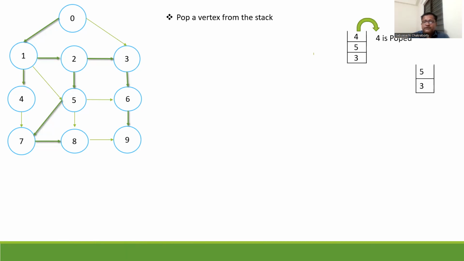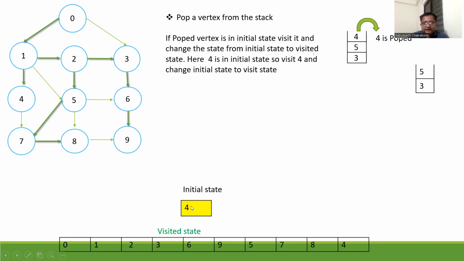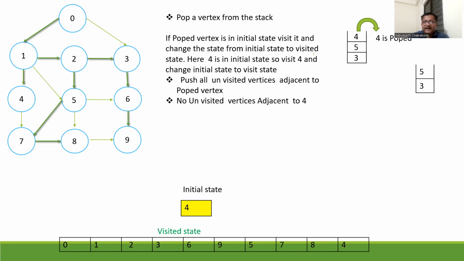So 4 is popped out. 4 was there in the initial state so far. Now 4 will be included in the visited array, and 4 will be explored. After exploring 4, we are getting only 7. Is 7 visited or not visited? 7 is already visited, so we will not push 7 inside the stack.